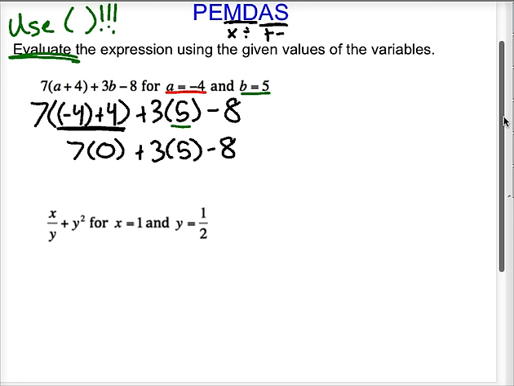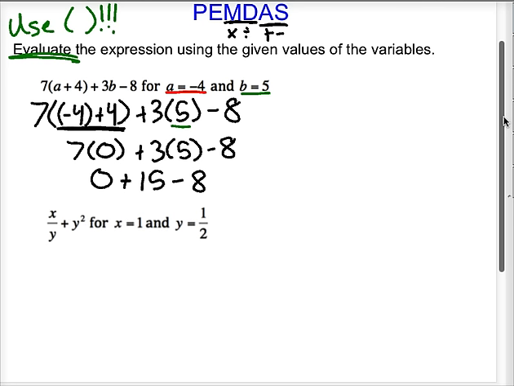All right, next, exponents. Well, awesome for us, there aren't any. So multiplication and division. Well, I only see multiplication, and again, multiplication occurs from left to right. So I end up with 0, then 3 times 5 is 15, then minus 8.